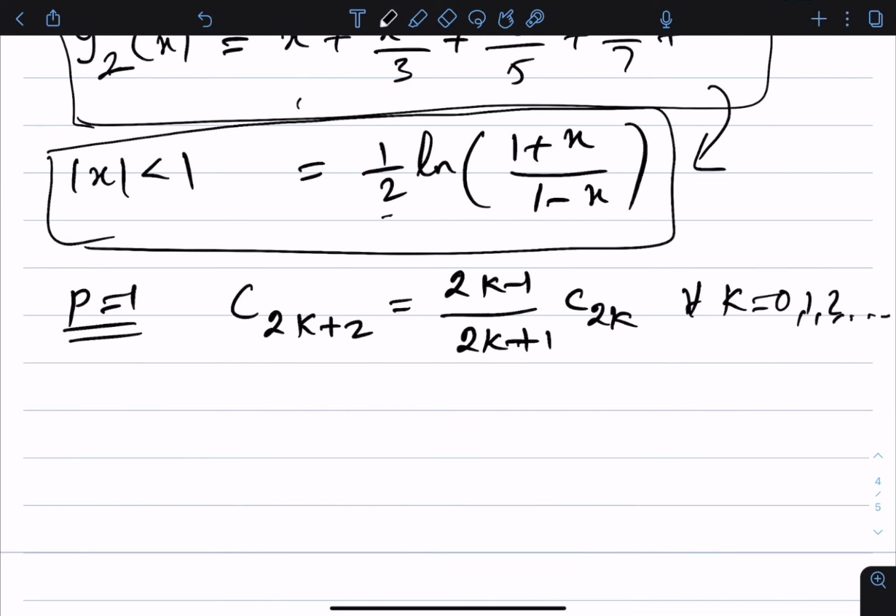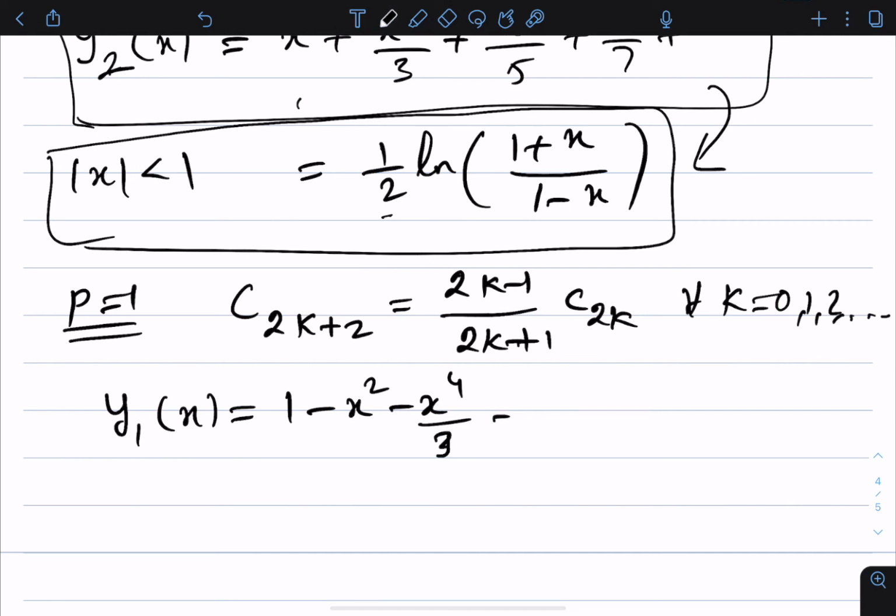Now if you put k equal to 0, you will get all the even-index c in terms of c0, which is actually 1, and if you use that in the formula for y1, you will see that y1 will be 1 minus x squared minus x power 4 over 3, x power 6 over 5 and so on. These are the coefficients that you will get.